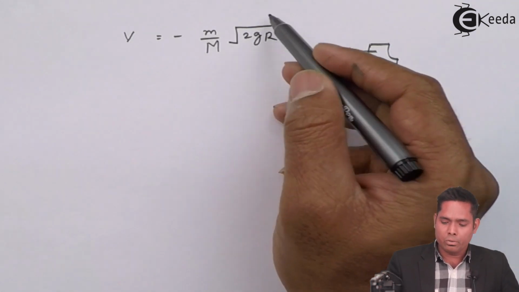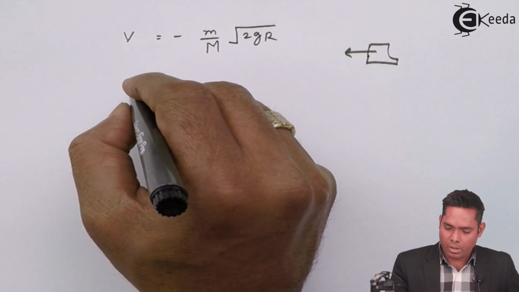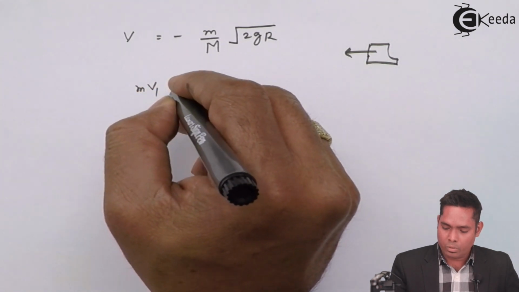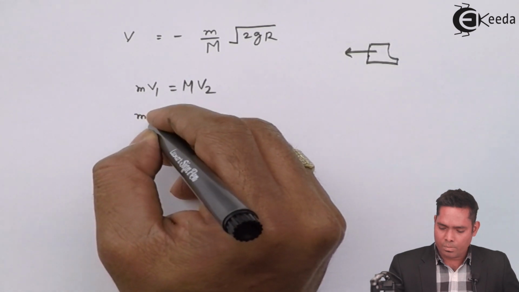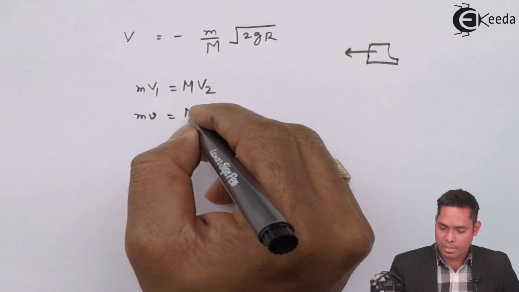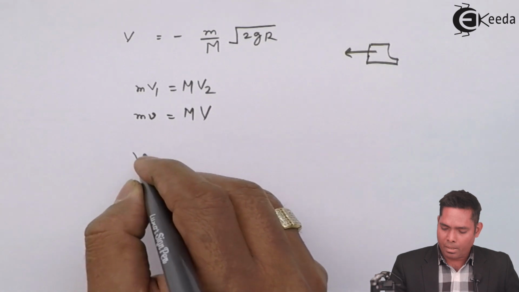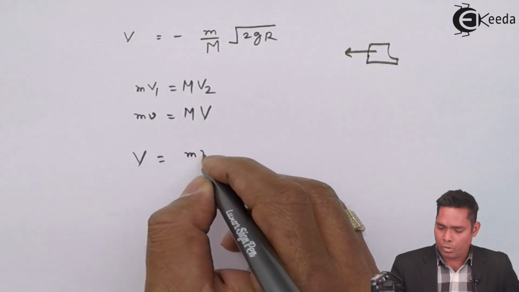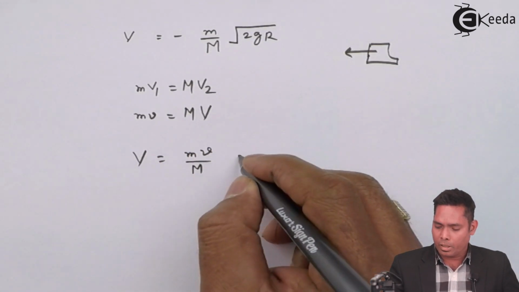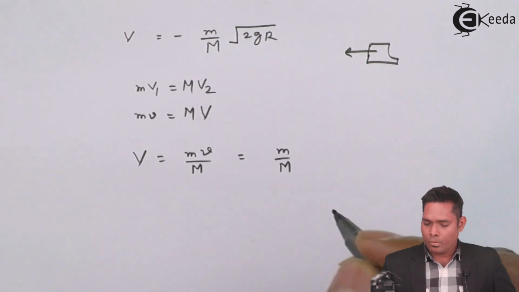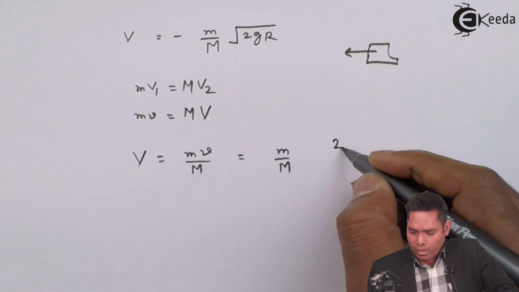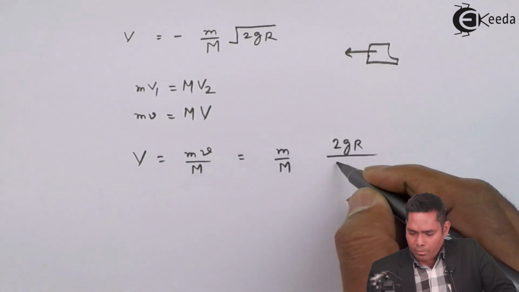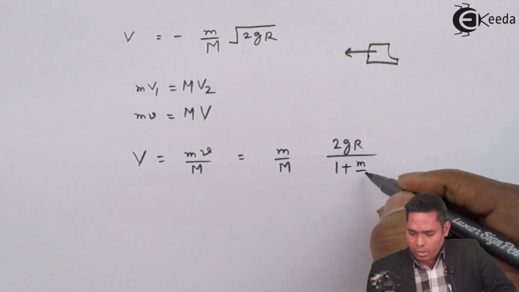But then we have to check the magnitude, because we have the relation m v1 equals capital M v2. This we have considered as small v, and this as capital V. So capital V equals small m v divided by M. That means m over M. And v, that last time we got, was root of 2gr divided by 1 plus m over M.